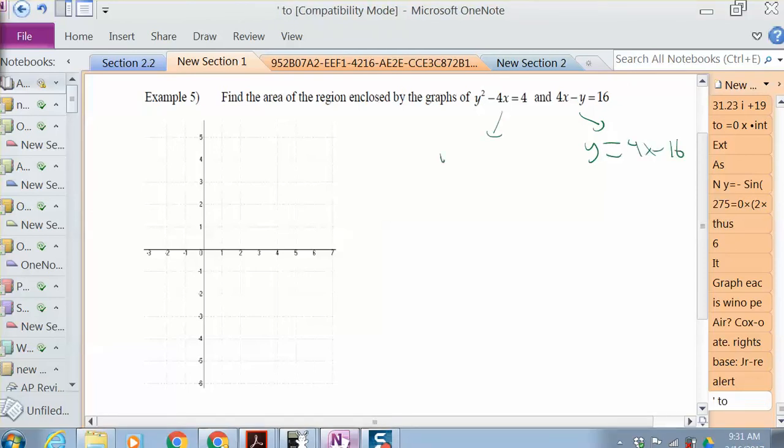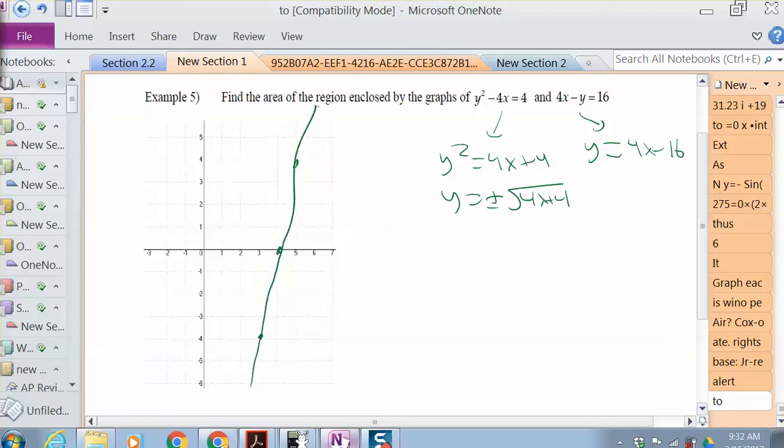And of course, that's y squared equals 4x plus 4. So y is plus or minus root 4x plus 4. So you can always graph this in the calculator. 4x minus 16 is going to look kind of like this. I'm not going to graph the y-intercept because I don't think it's going to be necessary. Okay, that was a really terrible looking line.